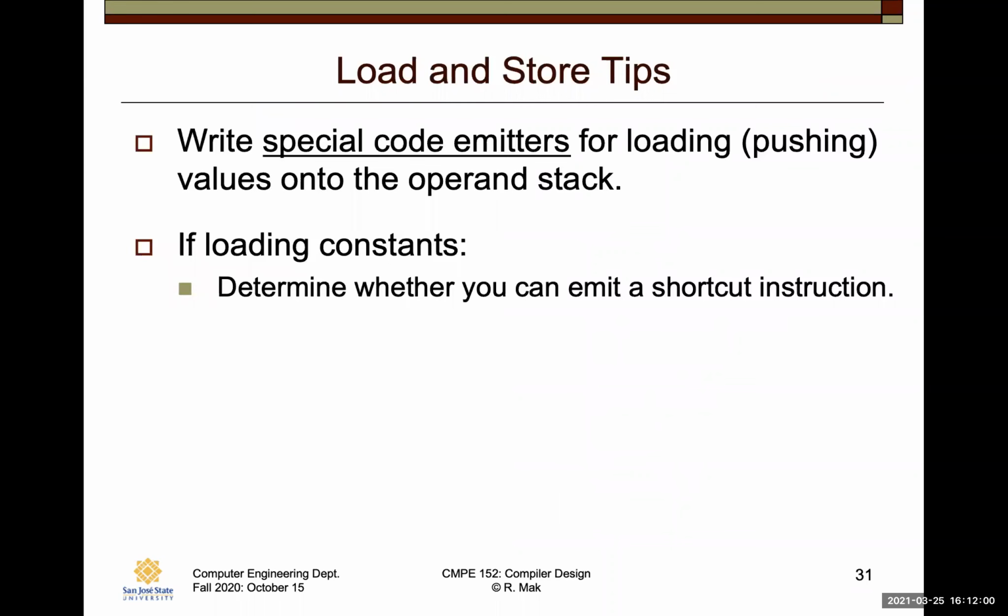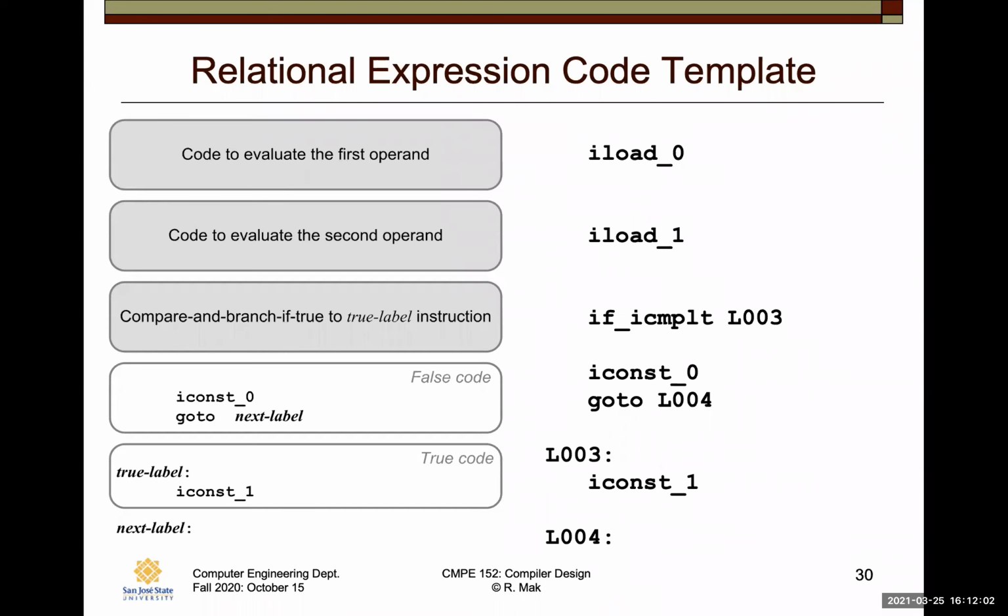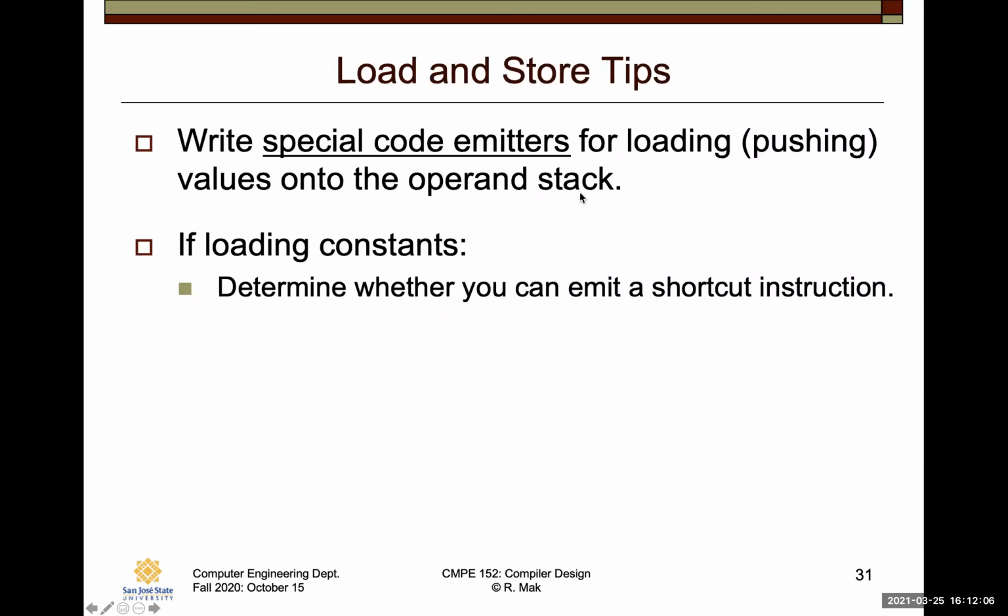Let me give you a few tips for when you're generating code. I think I've already mentioned these tips. In the back end, you may want to write a function just for generating code that loads values onto the operand stack. And you pass it the appropriate parameters so that it will be able to tell, is that variable local?